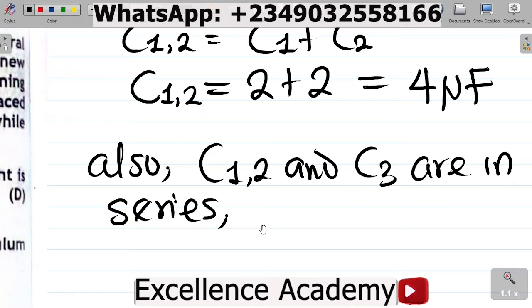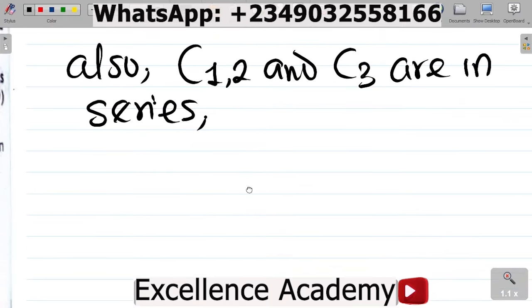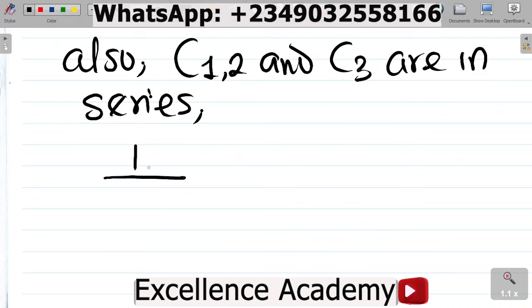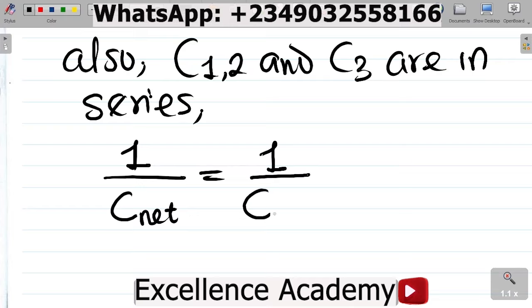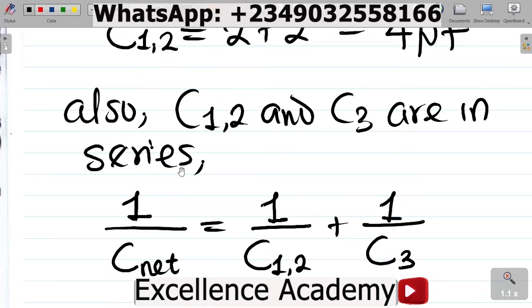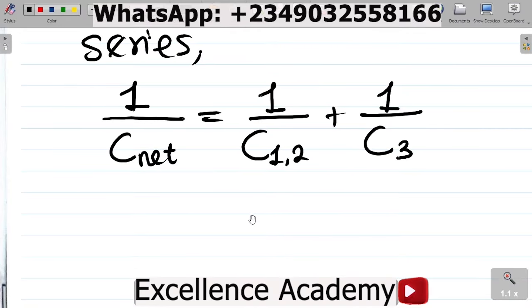How do we get the equivalence? For this, the equivalent is given by 1 all over C net, that's the inverse, so we have to find the net capacitance. That's equal to 1 all over C12 plus 1 all over C3. All right, so this is how you find equivalence for capacitors in series.